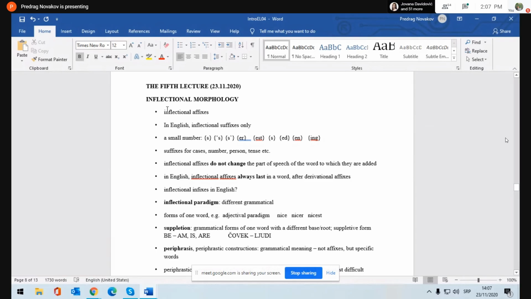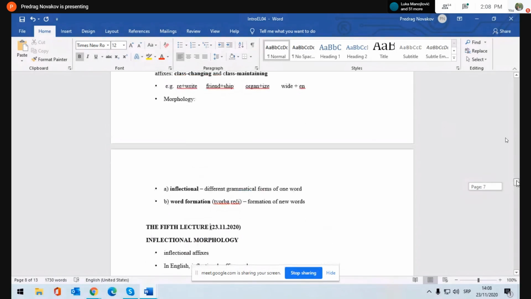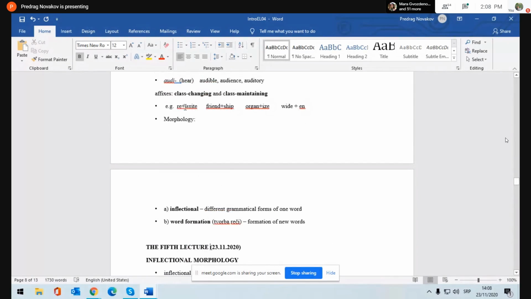So we have inflectional affixes within this inflectional morphology. In English, we have inflectional suffixes only. We do not have inflectional prefixes, because you do not have prefixes in English which do not create a new word. Let me go back to the example we had: rewrite.